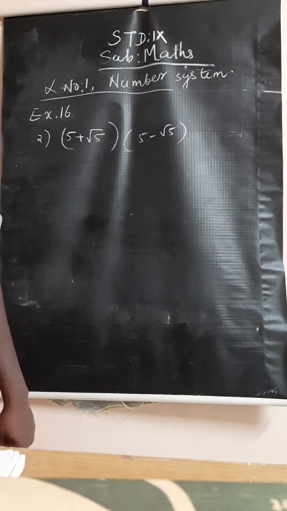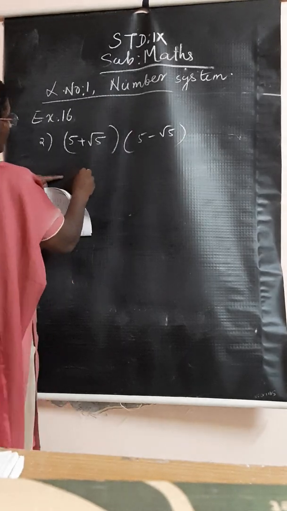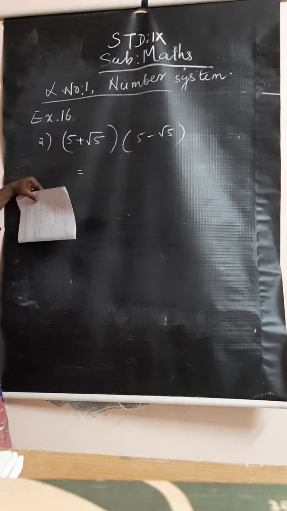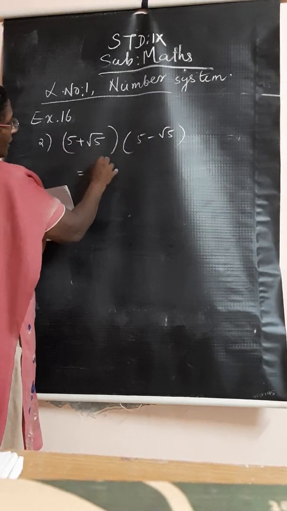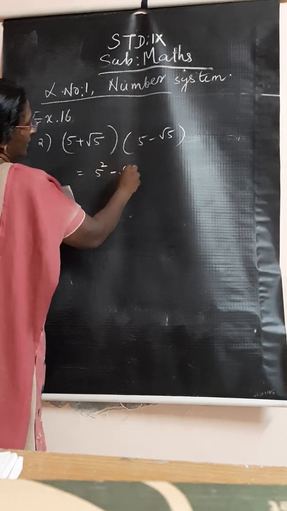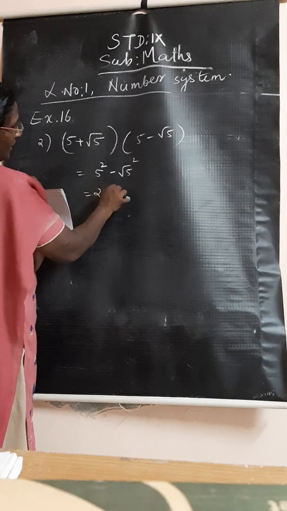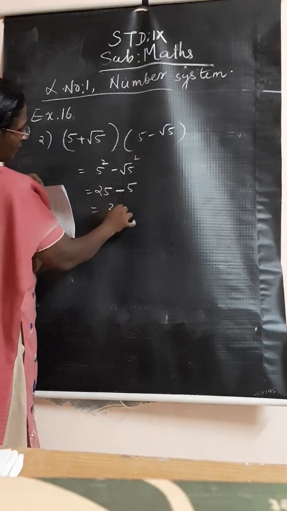So what will come? The a plus b into a minus b form. So we will apply the a plus b into a minus b form. How will we apply the formula? a square minus b square, that is first term square minus second term the whole square. That is first term square means 25 minus second term the whole square means 5. That is equal to, what will the answer be? 20.